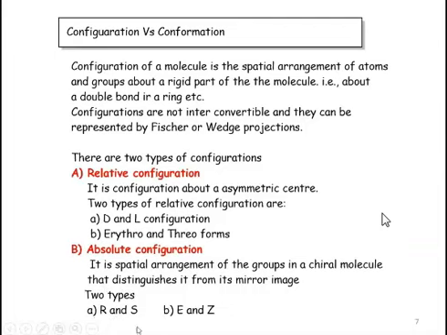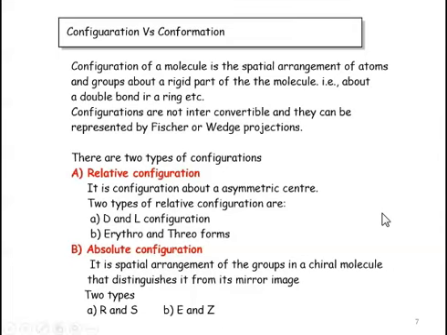First one is RS configuration, which is generally observed with chiral molecules or molecules having more than one chiral center, and EZ nomenclature or EZ bearing configurations are usually observed when there is a rigid site in the molecule, that is either a double bond between carbon-carbon atoms, or a double bond between carbon and nitrogen atoms, or a ring-like cycloalkane structure.